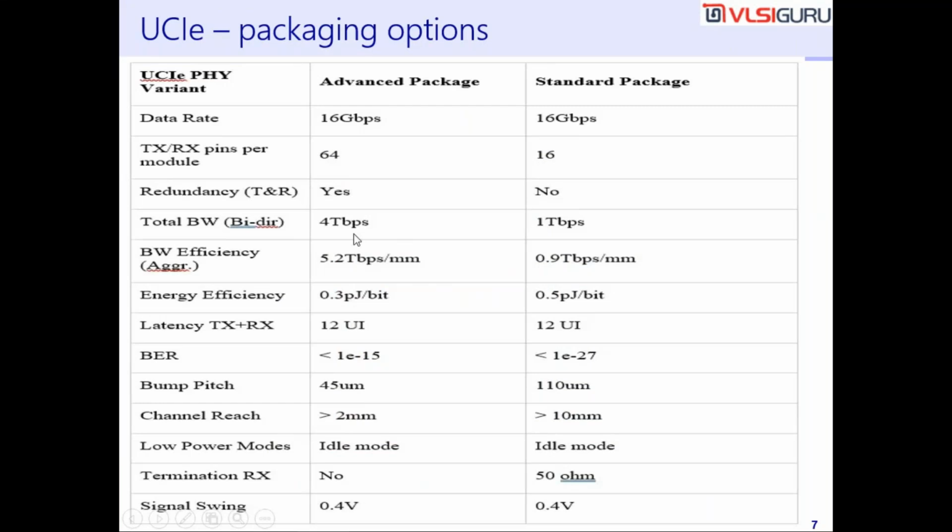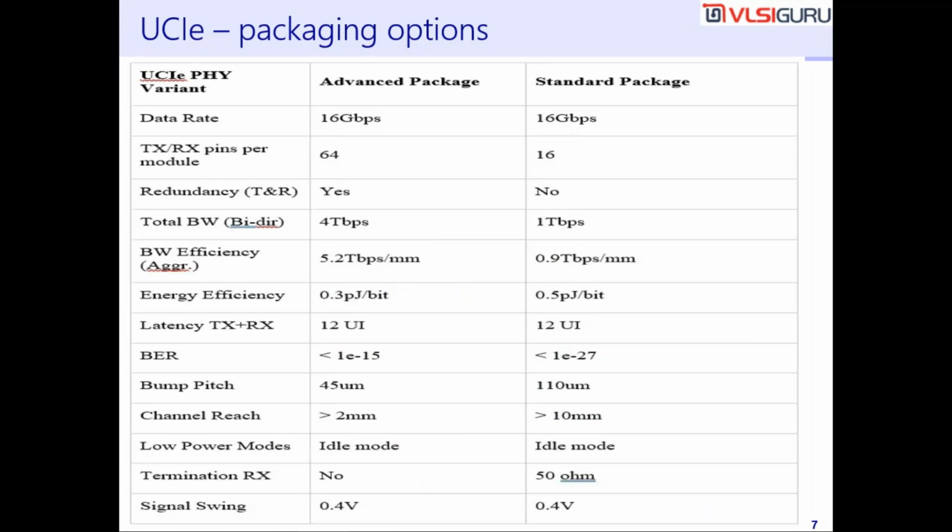The total bidirectional bandwidth, you can get up to 4 terabytes per second. You can see how large a number it is. And here you can get 1 terabyte per second. Sorry, 1 terabit per second, 4 terabit per second. The calculation is simple. You take this number.